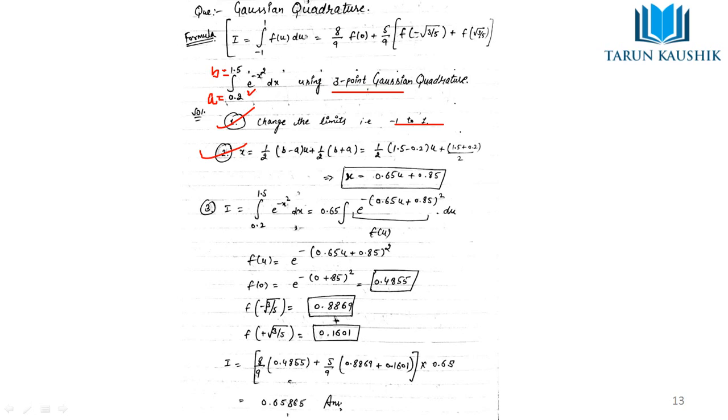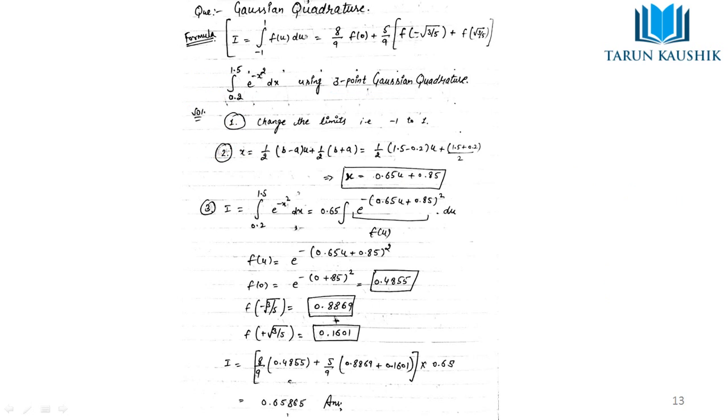Next, you have to remember: x equals 1 by 2 (b minus a) into u plus 1 by 2 (b plus a), that is the subtraction of the limits multiplied by u, plus the addition of the upper and lower limits. When you put in the values of b and a, you get 0.65 u plus 0.85.